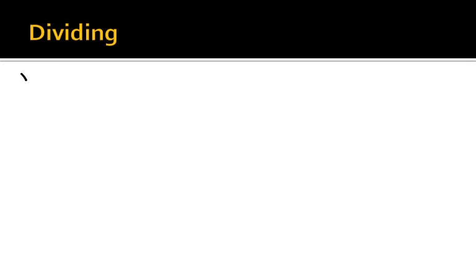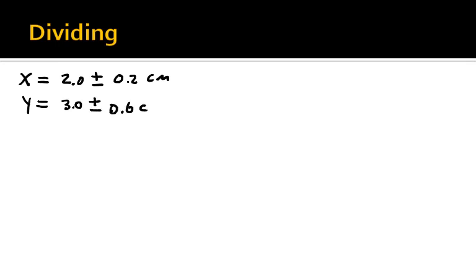Let's say that we have a couple values here. Let's say we have a value of x of 2.0 plus or minus 0.2 centimeters. And let's say we have a value of y, which is 3.0 plus or minus 0.6 centimeters. And we want to divide the two.